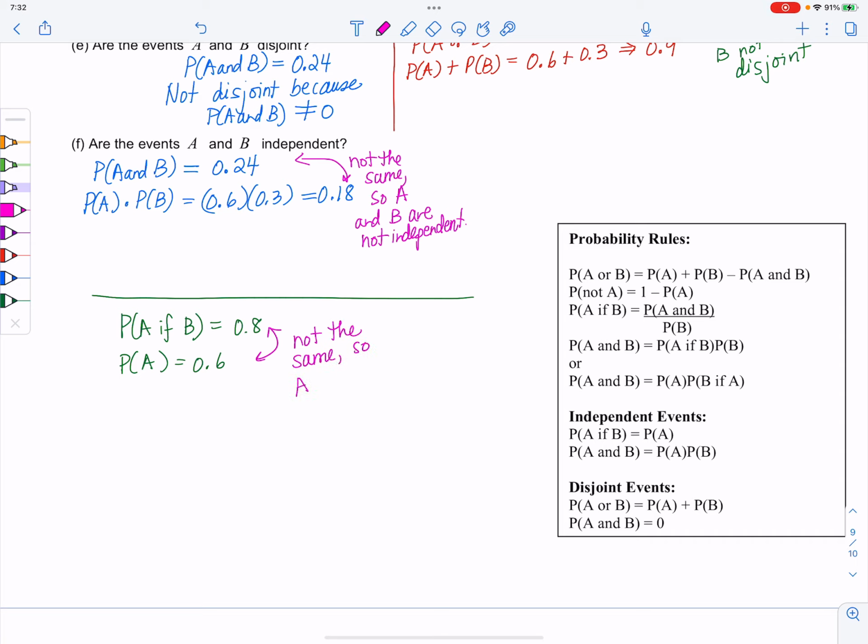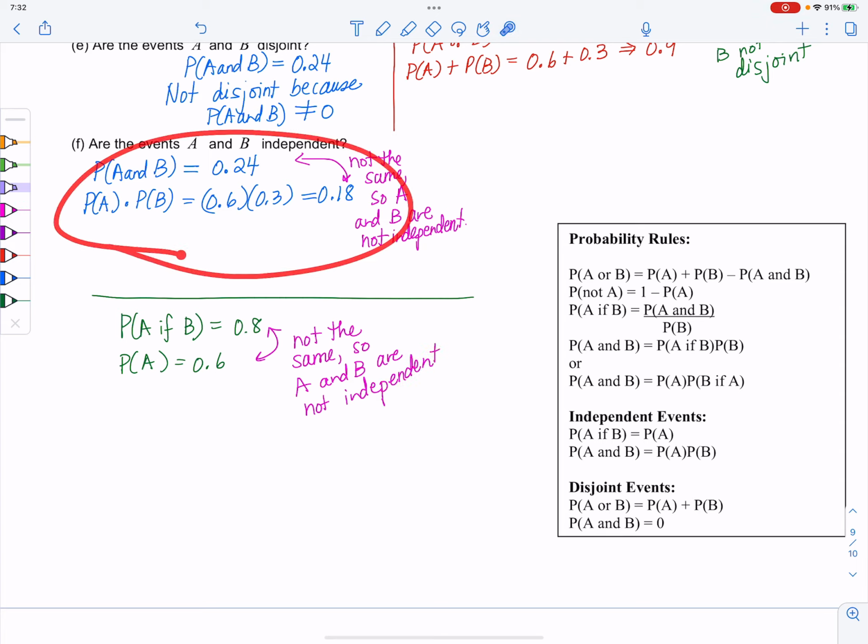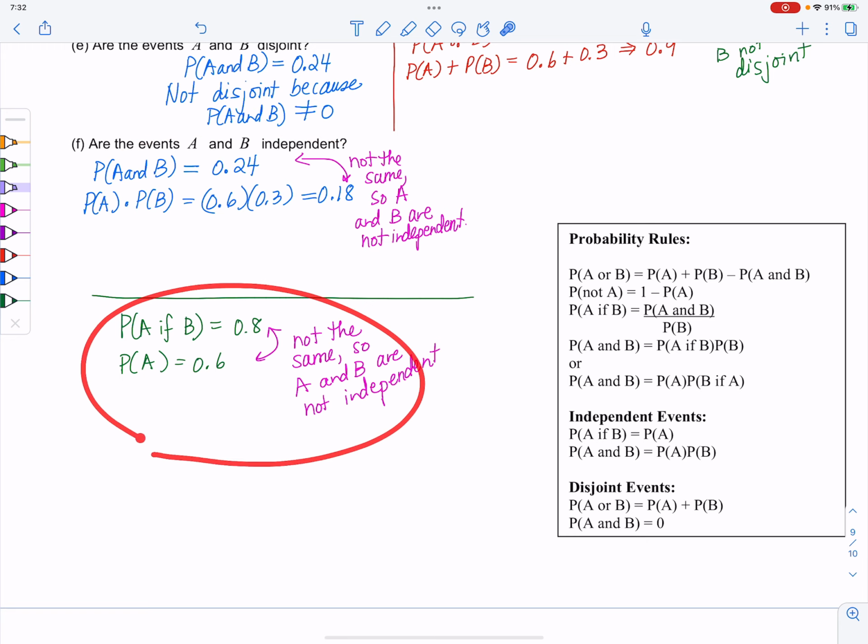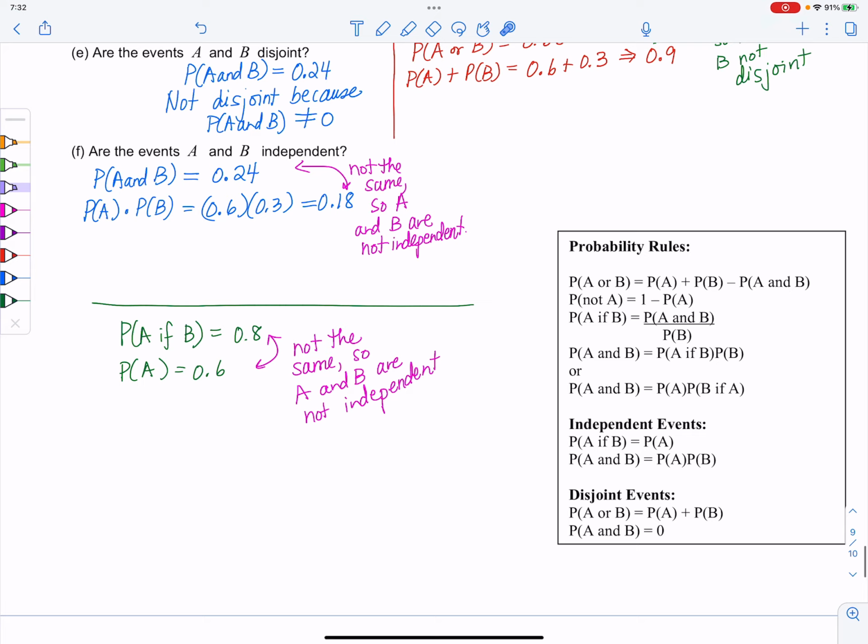So A and B are not independent. And again, you do not have to show that both of these aren't true. This is a sufficient explanation, or this is a sufficient explanation. And that is it for section P1.